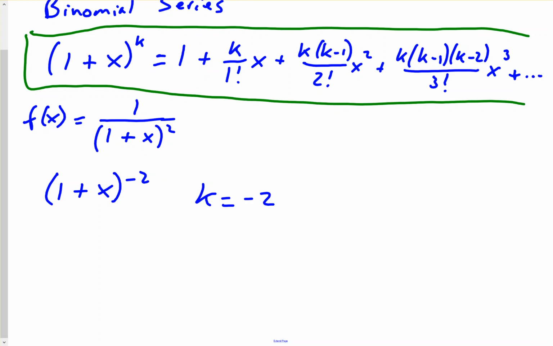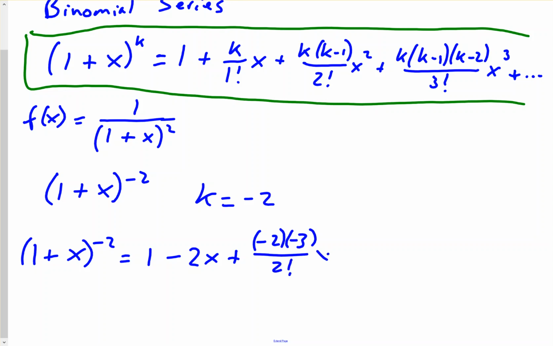So we have 1 plus x to the negative 2 equals 1, plus negative 2 times x, plus negative 2 times negative 3 over 2 factorial x squared, plus negative 2 times negative 3 times negative 4 over 3 factorial times x cubed. And this is going to go on and on and on.